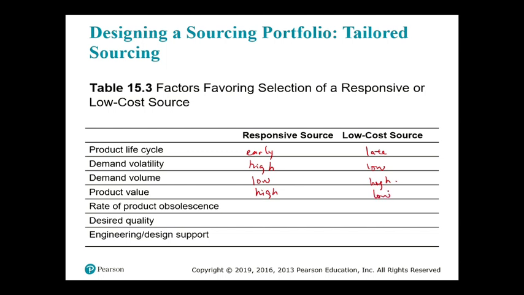Rate of product obsolescence: if there's a high level of obsolescence, then we want a responsive source, otherwise low cost. Desired quality: if quality desired is high, or if the engineering or design support required is high, responsive.